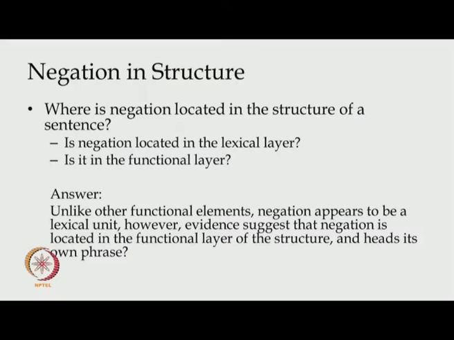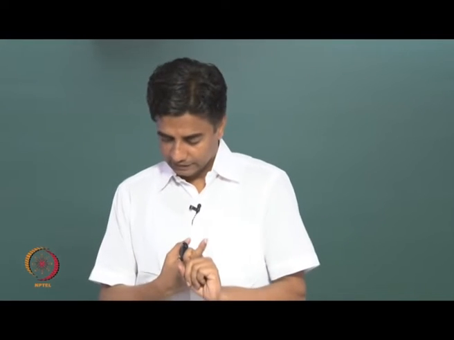So, having said that, without getting into too much detail, I want you to pay attention to the conclusion part of this, that unlike other functional elements, negation appears to be a lexical unit. What do we mean when I say unlike other functional elements? For example, tense, aspect, agreement markers.